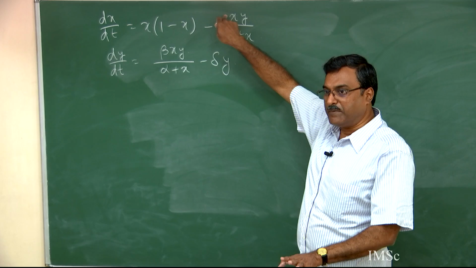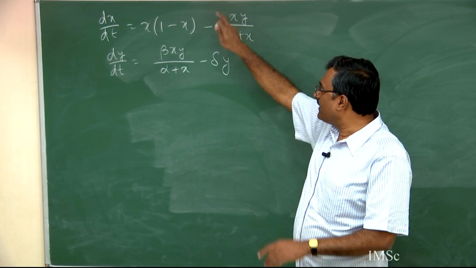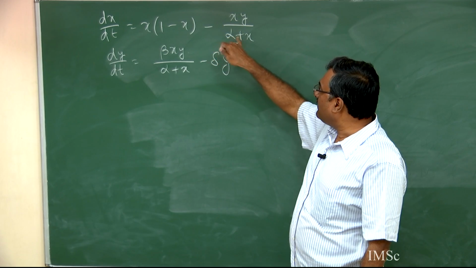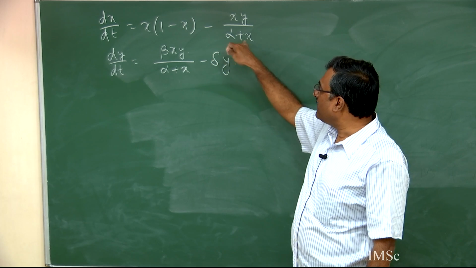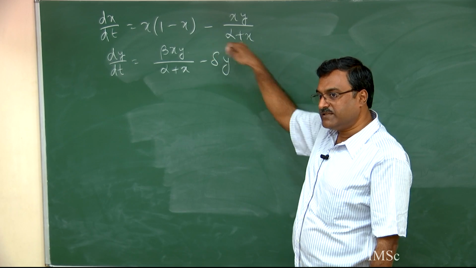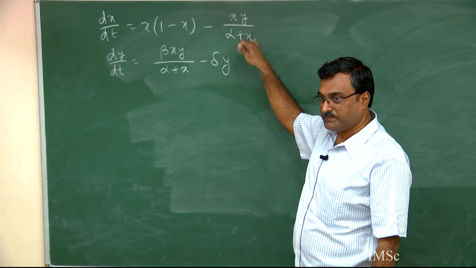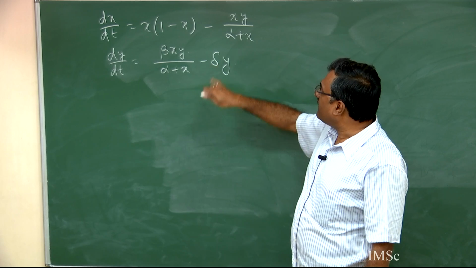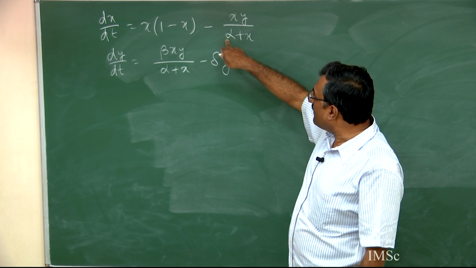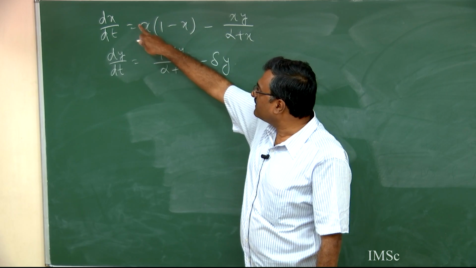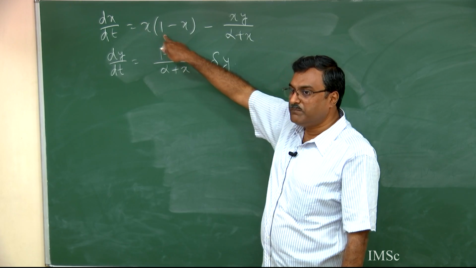In some papers, especially in the works by Alan Hastings, you can find that this alpha appears as a coefficient of x. So instead of alpha plus x, most of the time in Hastings' papers you find 1 plus alpha x. Another possibility is that you can make this equal to 1, so this alpha will be involved either as a multiplicative factor here, or this 1 will be replaced by alpha.